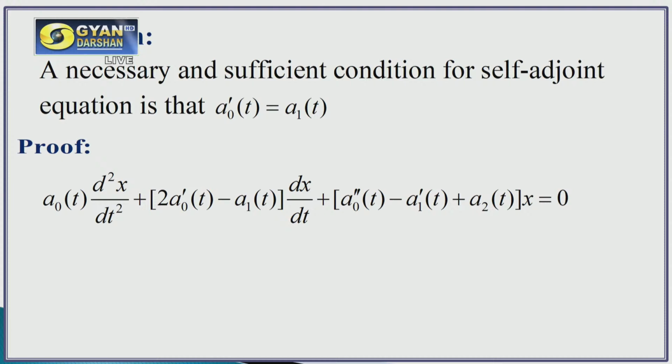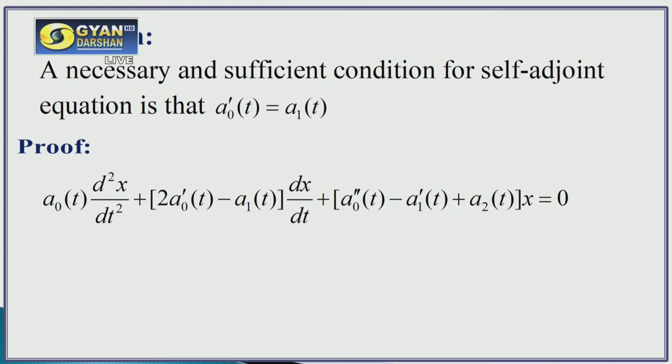This is a necessary and sufficient condition for self-adjoint equations: if the derivative of a0 equals a1, then the original equation and its adjoint equation become identical. This is a very simple proof. You just put a0 dash in place of a1.